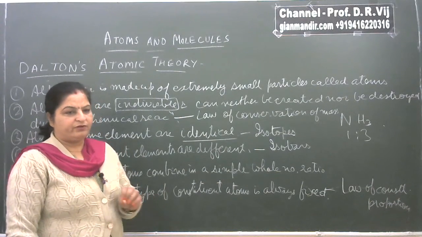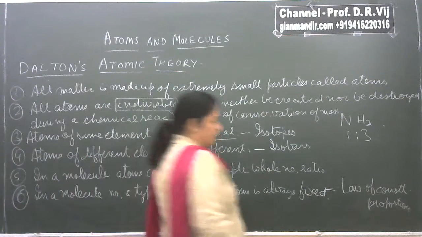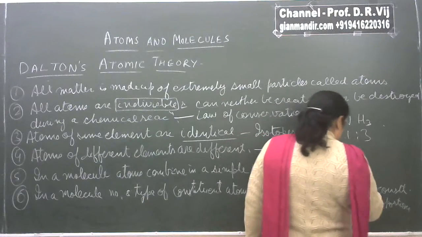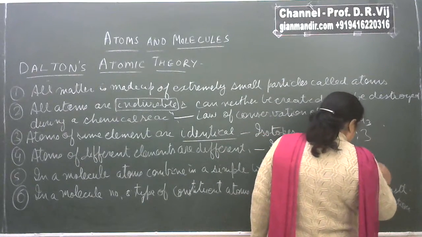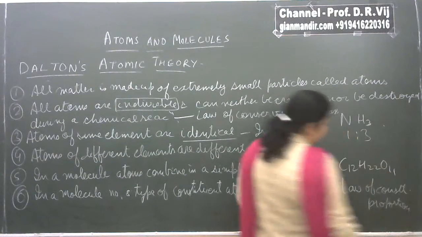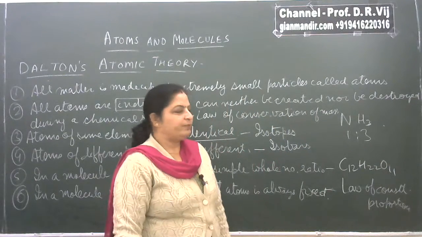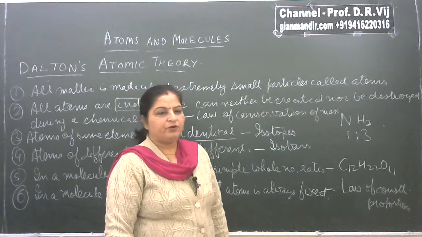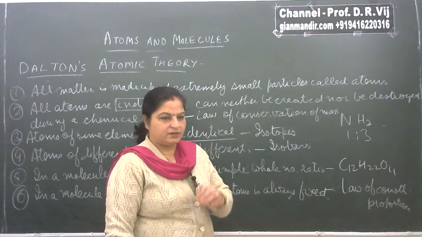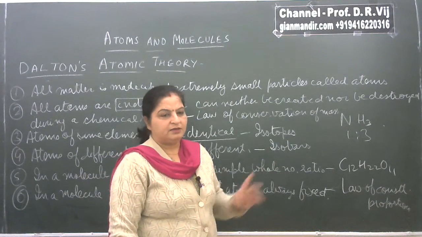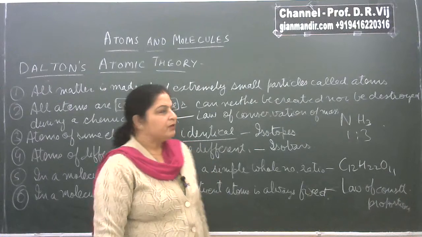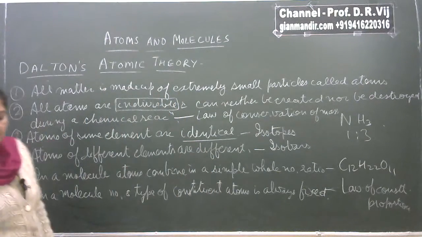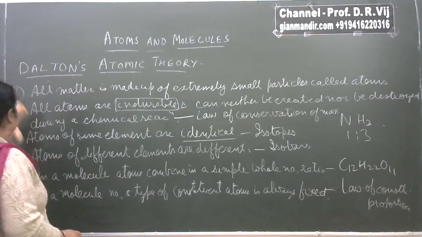They can never be present in the form of fractions. Let's talk about a molecule like sugar having the formula C12H22O11. In this molecule, atoms are present in whole number but not in simple ratio, right? So that is about Dalton's atomic theory.